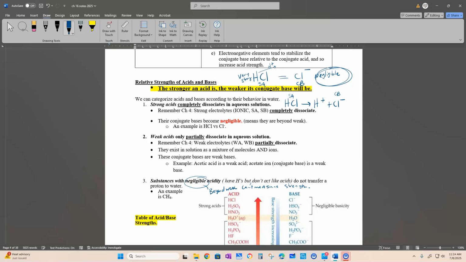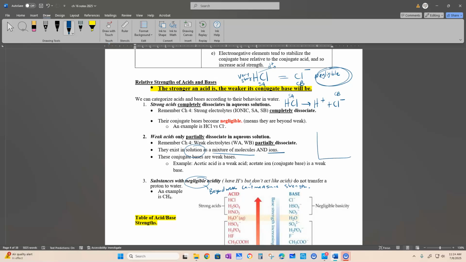Okay? What if you start with a weak acid? Remember, weak acids partially dissociate into aqueous substances. In chapter 4, we had two categories, weak acids and weak bases. Well, we're not going to memorize every weak acid and base because you're going to know which ones are the weak acids and bases as we go through this chapter. The reason why they partially dissociate, because you got to remember, in that solution, you have a mixture of molecules and ions.